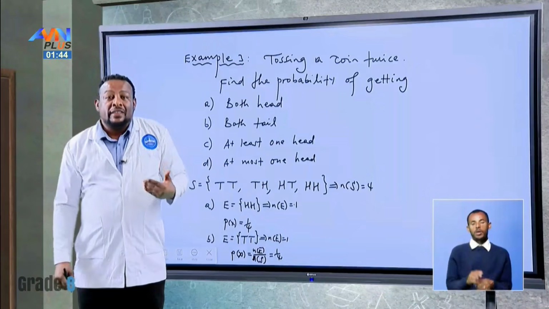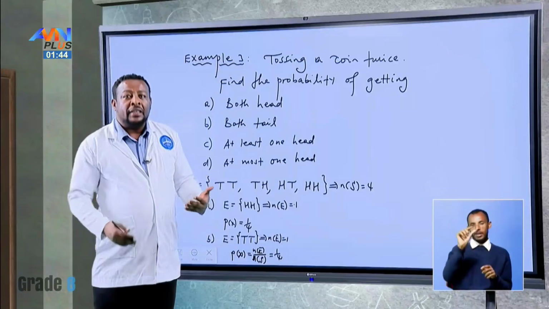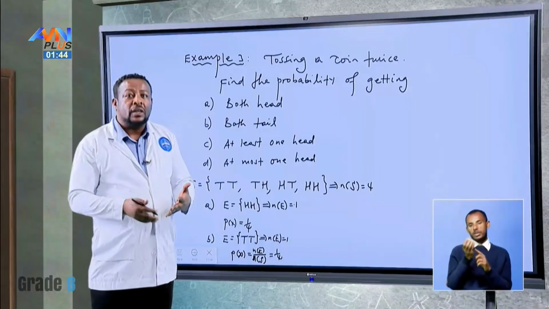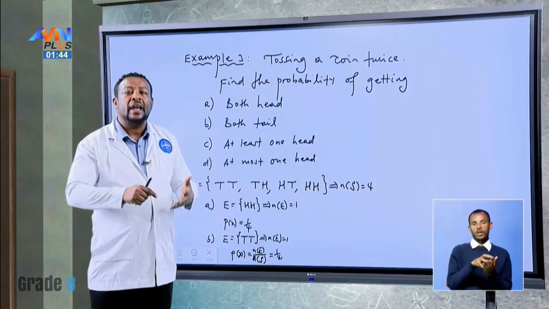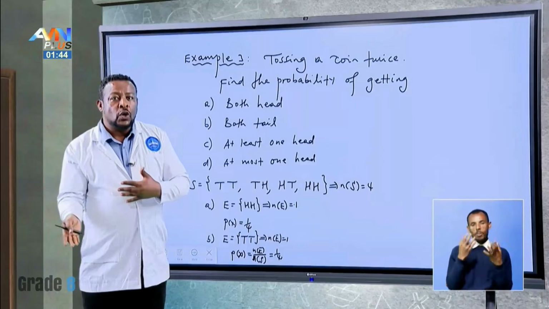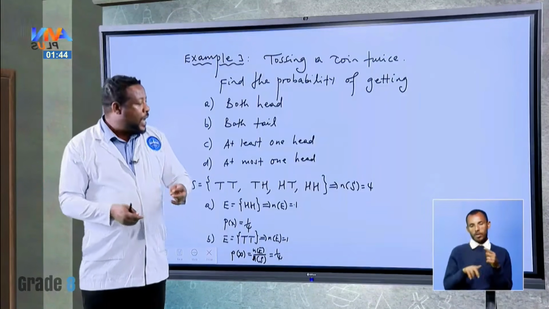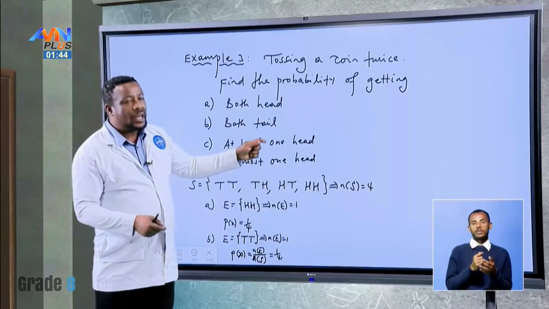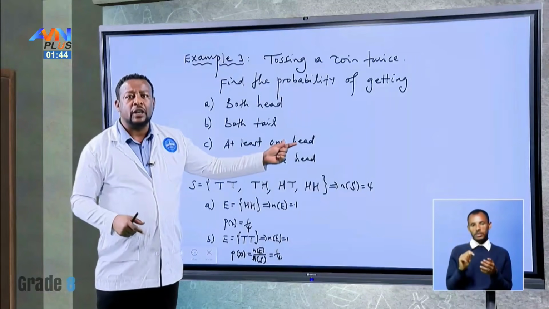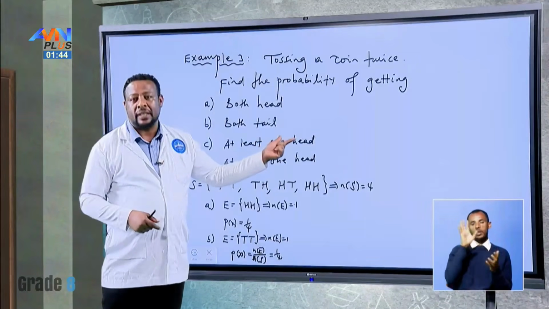When we say at least one head, the favorable condition includes one head and more. So you cannot take TT. Okay, TT cannot be included in this event, right?